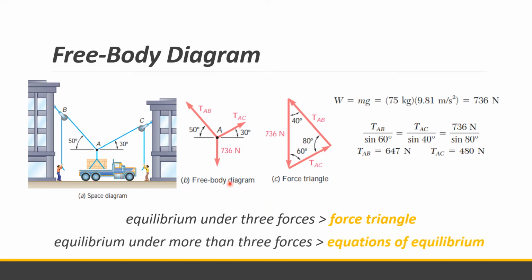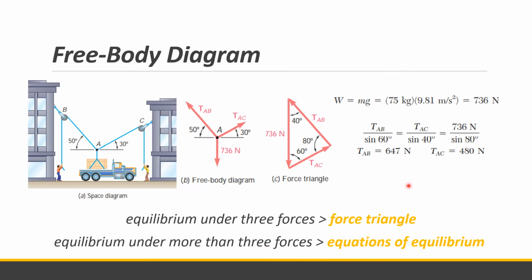So also when a particle is in equilibrium under more than three forces, the problem can be solved graphically by drawing a force polygon, like the previous one. So if an analytic solution is preferred, the equations of equilibrium can be used. So for four or three forces, equations of equilibrium can be used.